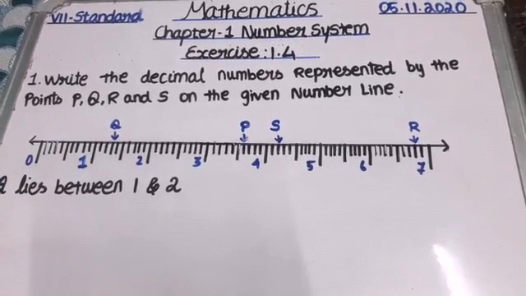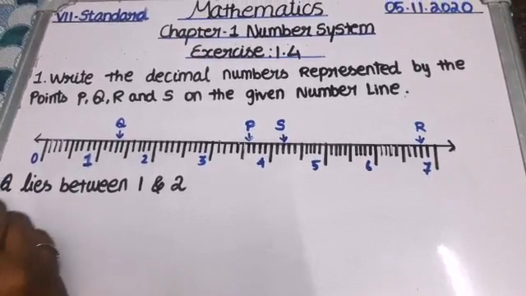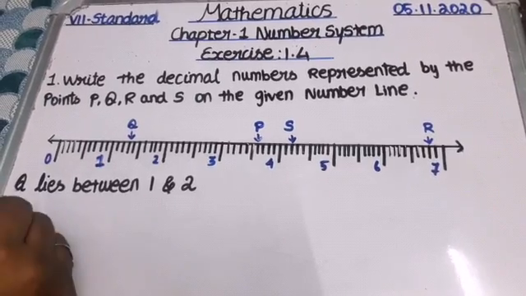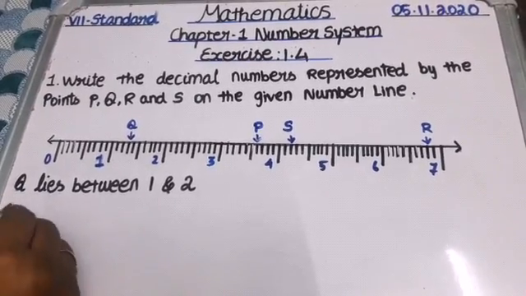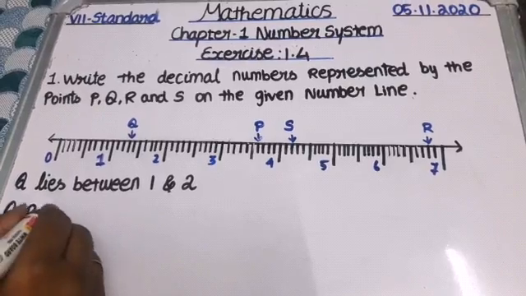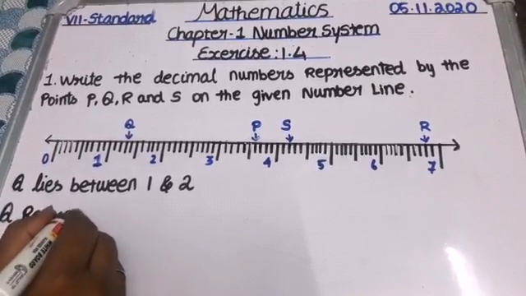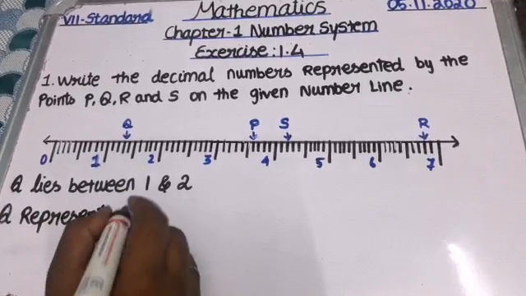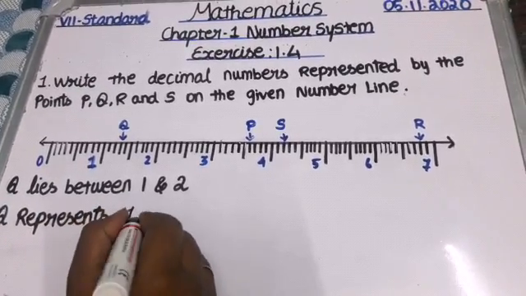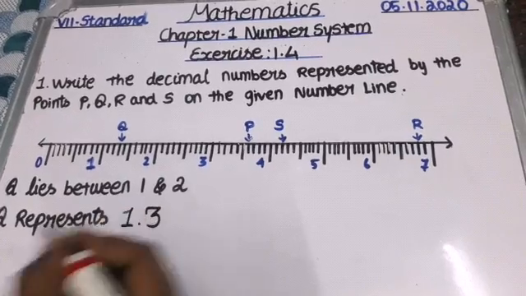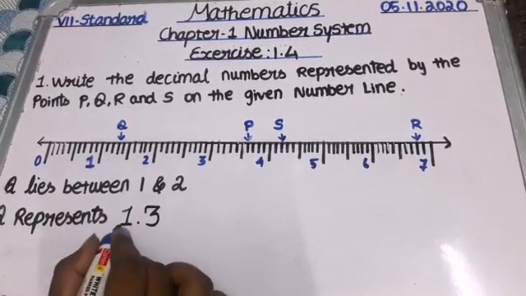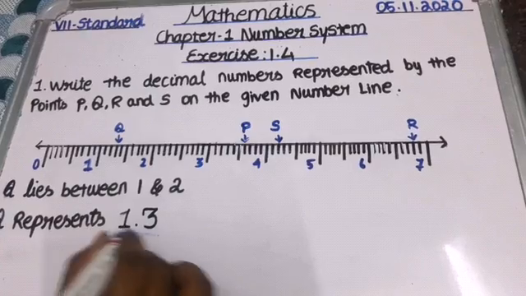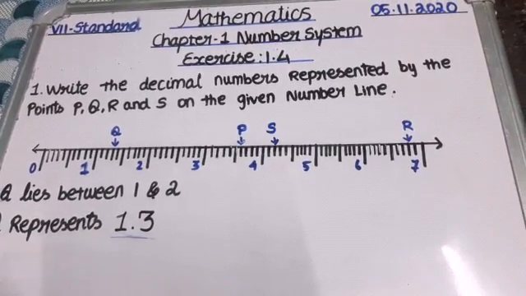So the decimal number represented by the point Q is 1.3.